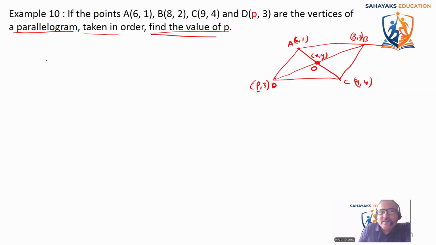The value of x for the midpoint O should be equal to 6 plus 9 divided by 2. 9 plus 6 is 15, so 15 divided by 2.